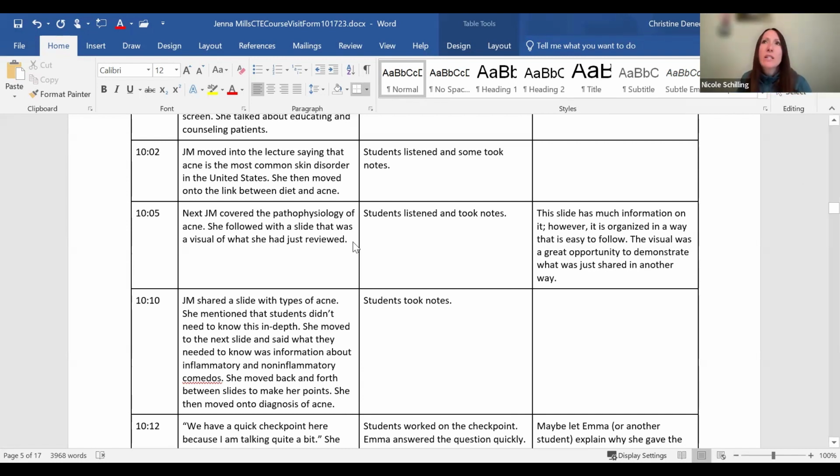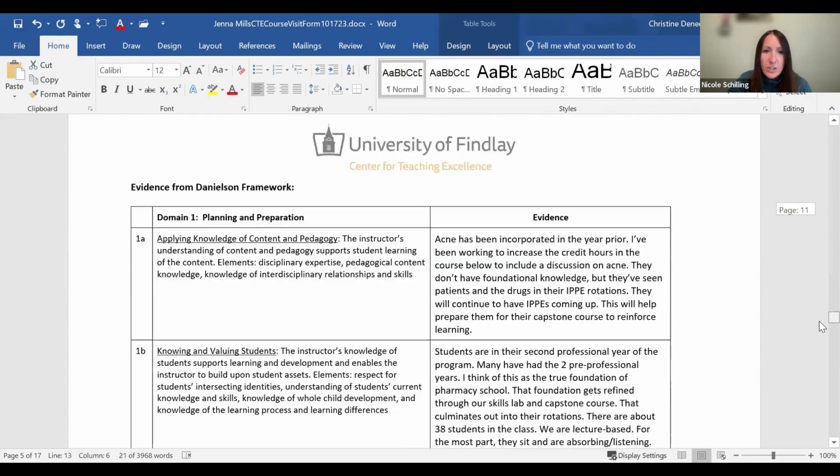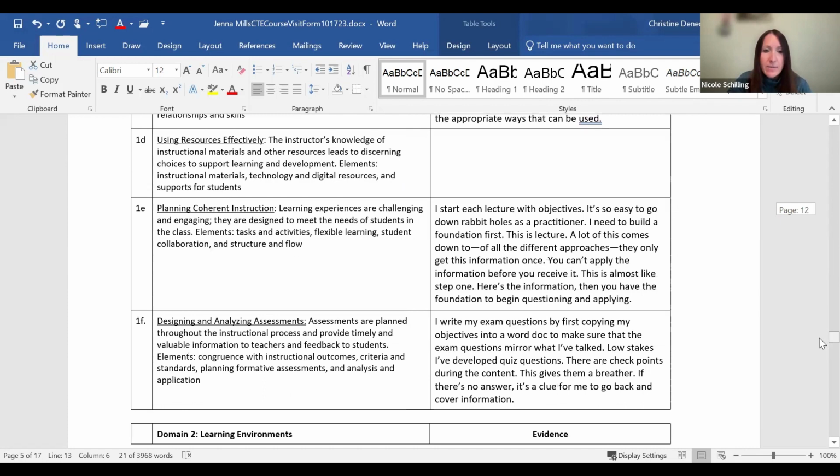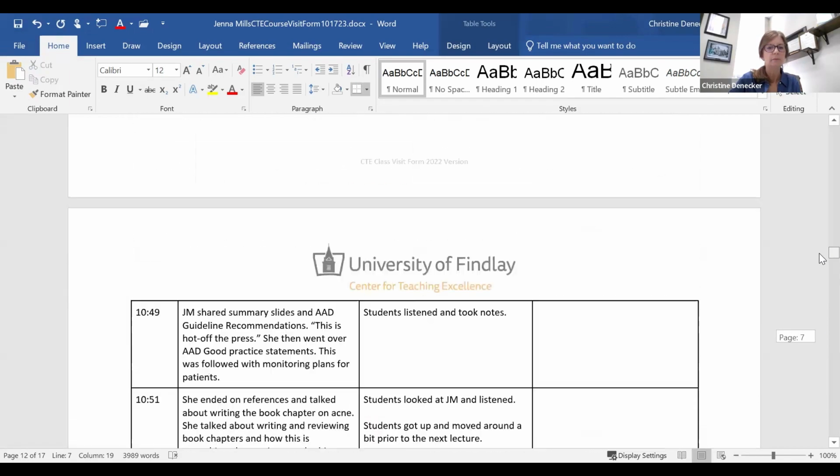Because sometimes we'll see the slides are just text based, and that's a comment sometimes. When I'm observing and see that, I'd suggest you might want to include a visual representation of this to help your visual learners. So I think she did that, planned for that. Okay, that's going in 1D.